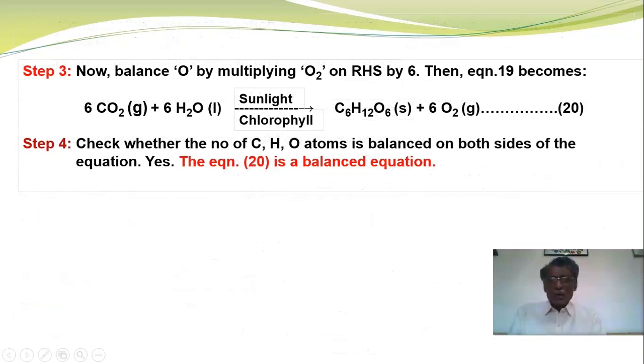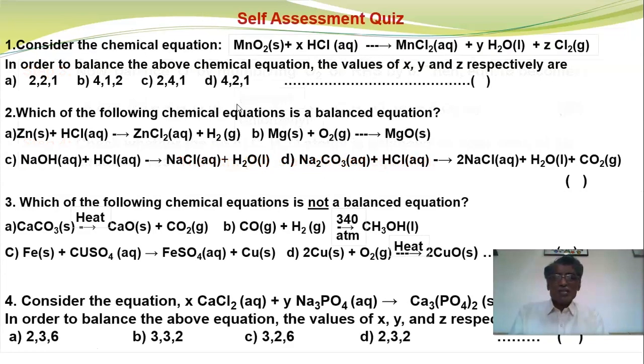Now balance O by multiplying O2 on the RHS by 6. Then the equation becomes 6CO2(g) plus 6H2O giving rise to C6H12O6 plus 6O2. Equation 20 is a balanced chemical equation.